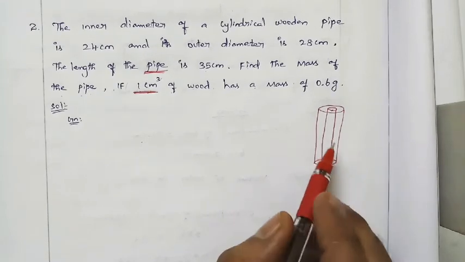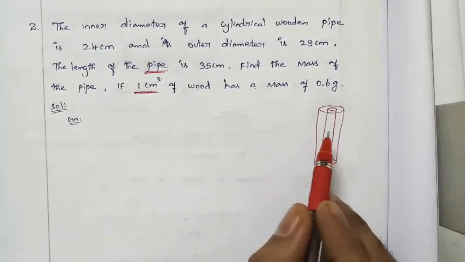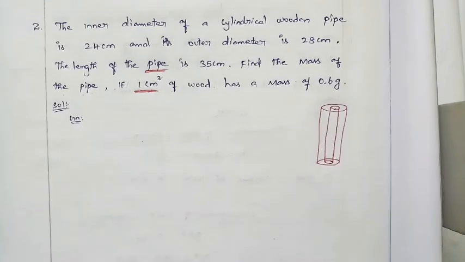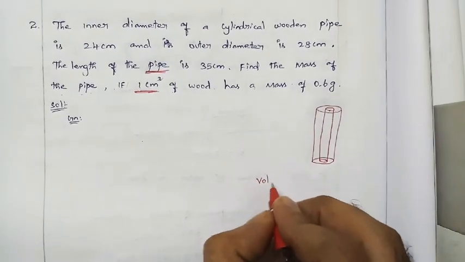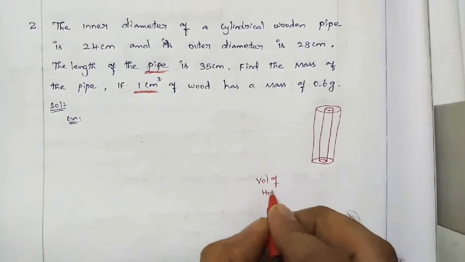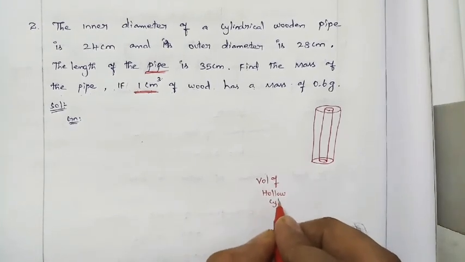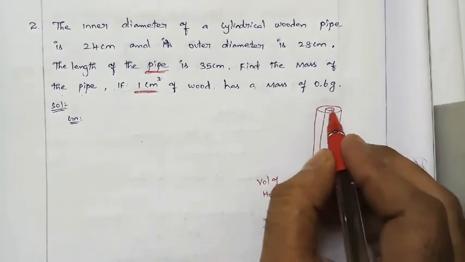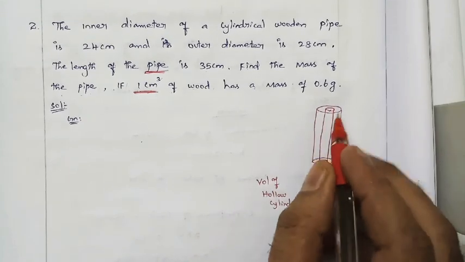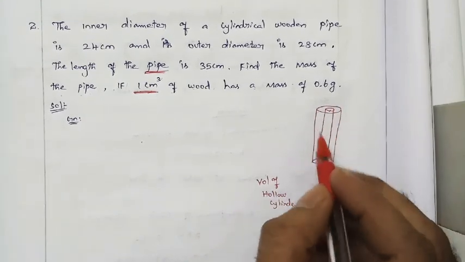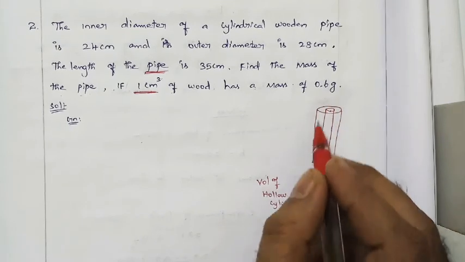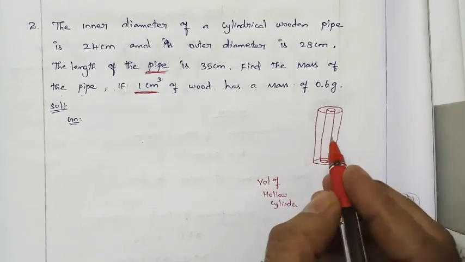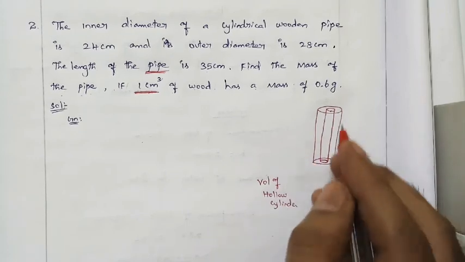Volume of hollow cylinder is nothing but volume of big cylinder minus volume of small cylinder, right? You know that a hollow cylinder is a cylinder from which we are removing a small cylinder from the big cylinder. That means volume of big cylinder, and removing the small cylinder, so minus volume of small cylinder.